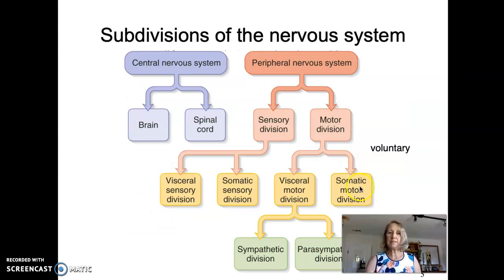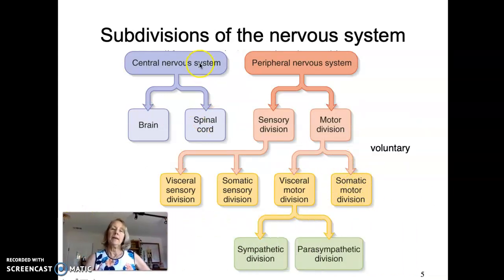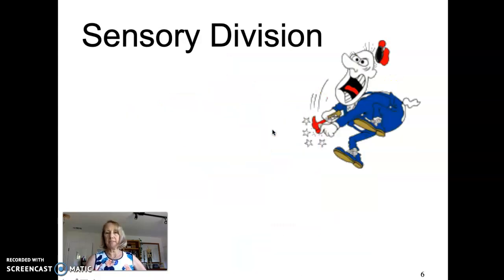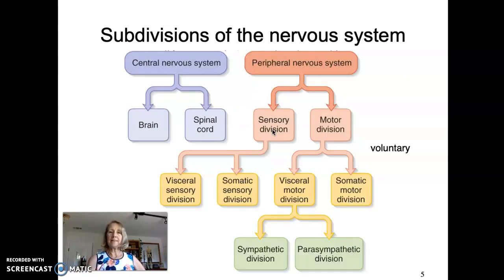Now, the subdivisions of the nervous system, as I said, it's central with the brain and the spinal cord, and peripheral, which is everything else. Now, the everything else gets a little complicated. Less complicated when it's sensory, because look at this, sensory, where's that sensation coming from? Well, it's either coming from something somatic, like something that you have total control over.